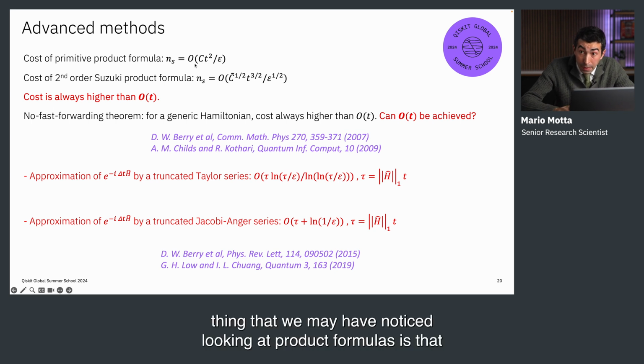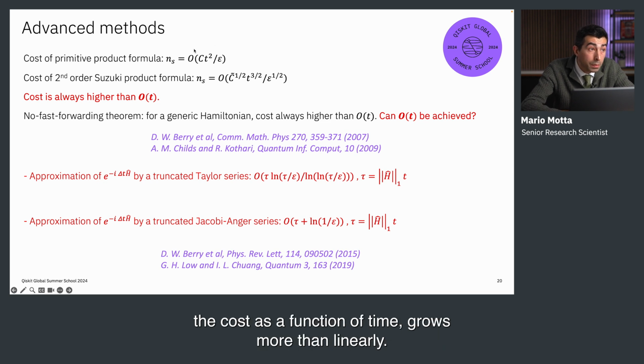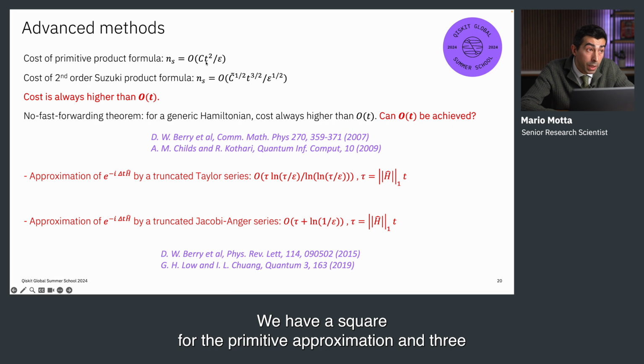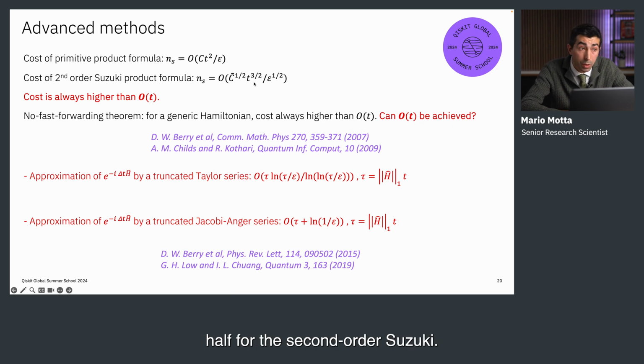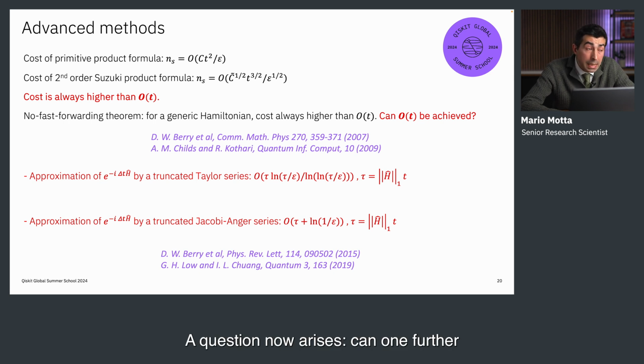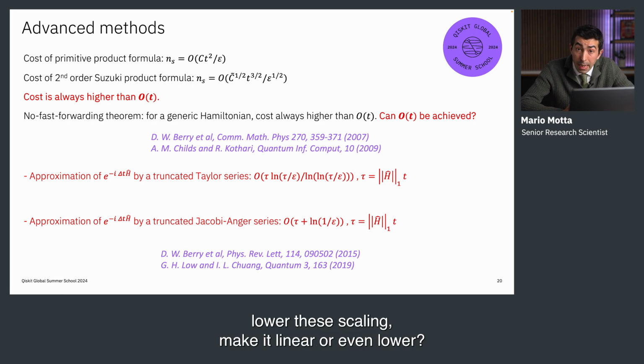So one thing that we may have noticed looking at product formulas is that the cost as a function of time grows more than linearly. We have a square for the primitive approximation and 3/2 for the second order Suzuki. A question now arises: can one further lower this scaling, make it linear or even lower?